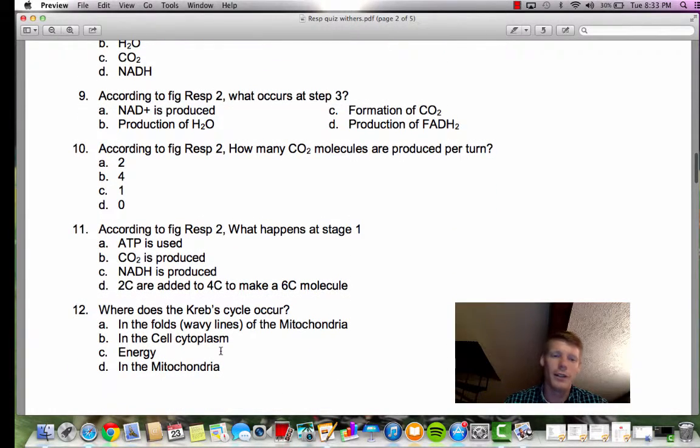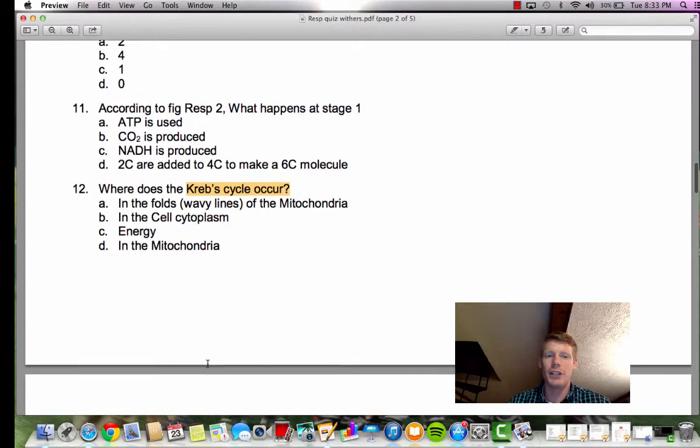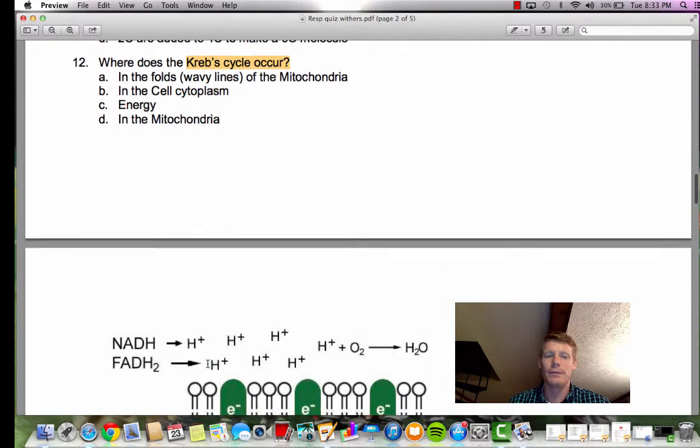Question 12. Where does the Krebs cycle occur? All right, we're at the Krebs cycle now. Where is it occurring? Is it A, in the folds, wavy lines in the mitochondria, B, in the cell cytoplasm, C, energy, or D, in the mitochondria? So where does the Krebs cycle occur?